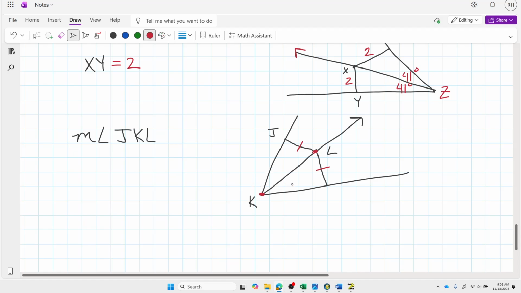So if one of these angles is 37 degrees, and you need the measure of JKL, well, here's J to K to L. It's 37 degrees. Everybody okay with that? 37 degrees.